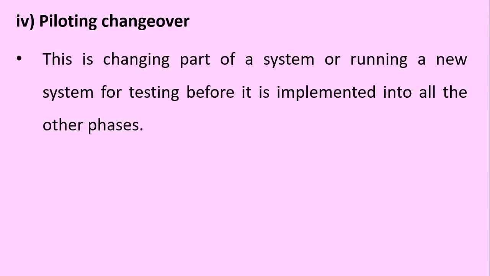The fourth method of adopting the new system is the piloting changeover method. This is changing part of a system or running a new system for testing before it is implemented into all the other phases.